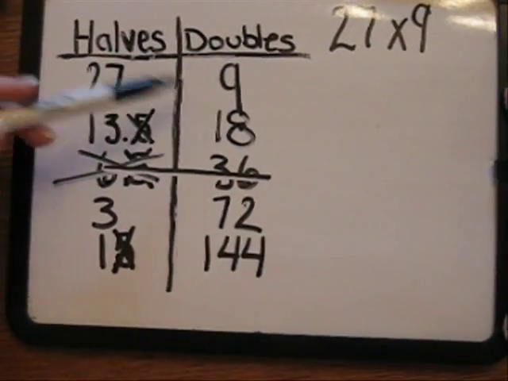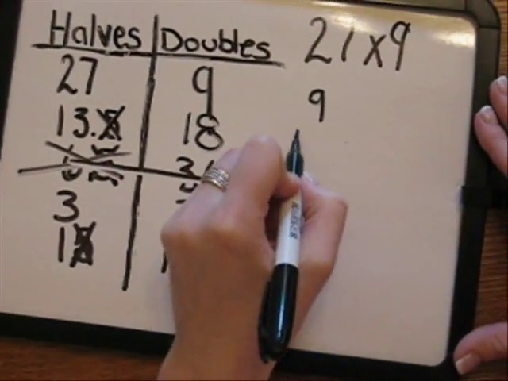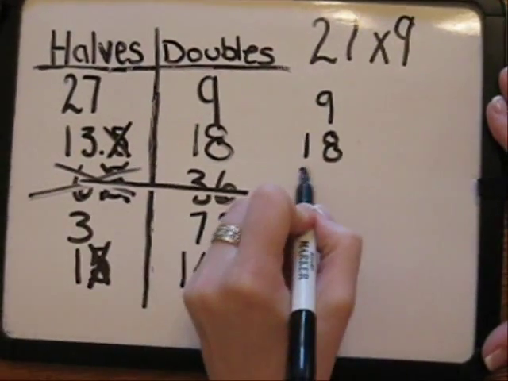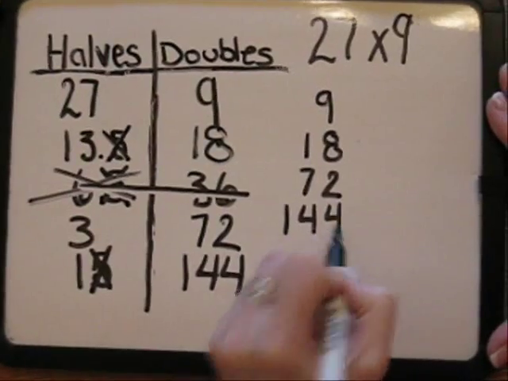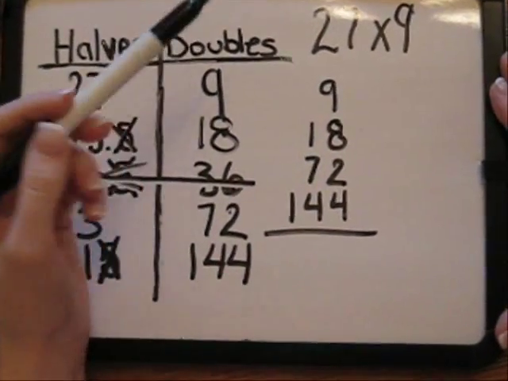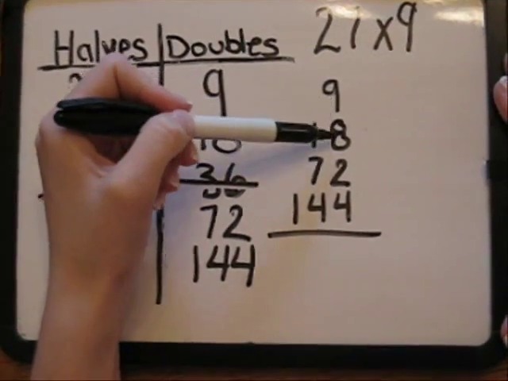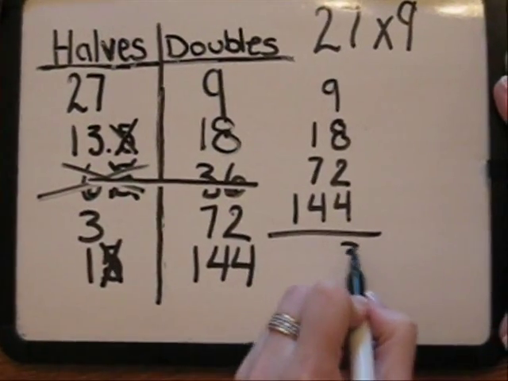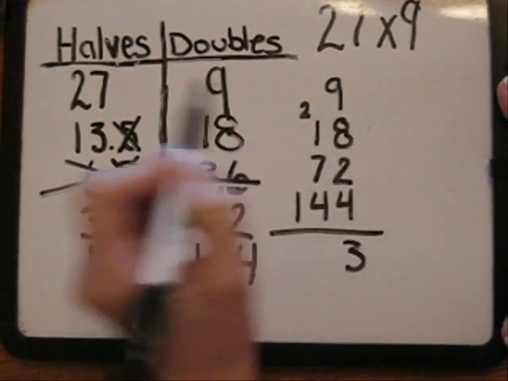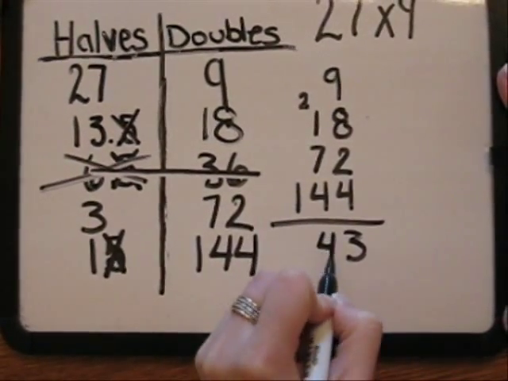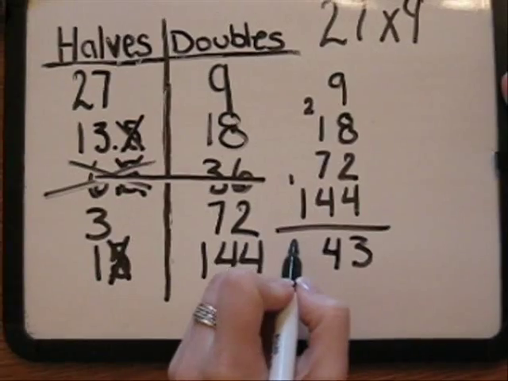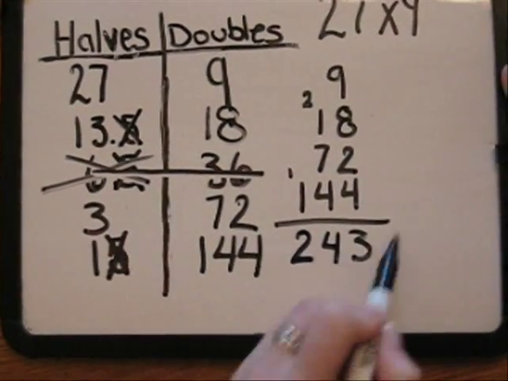So I'm going to add the 9, 18, 72, and 144. So I'm going to add this all, which is 17, 19, and 23. Carry over my 2. And then I've got 2, 3, 10, 14. Carry over the 1. So that gives me 243 as my answer.